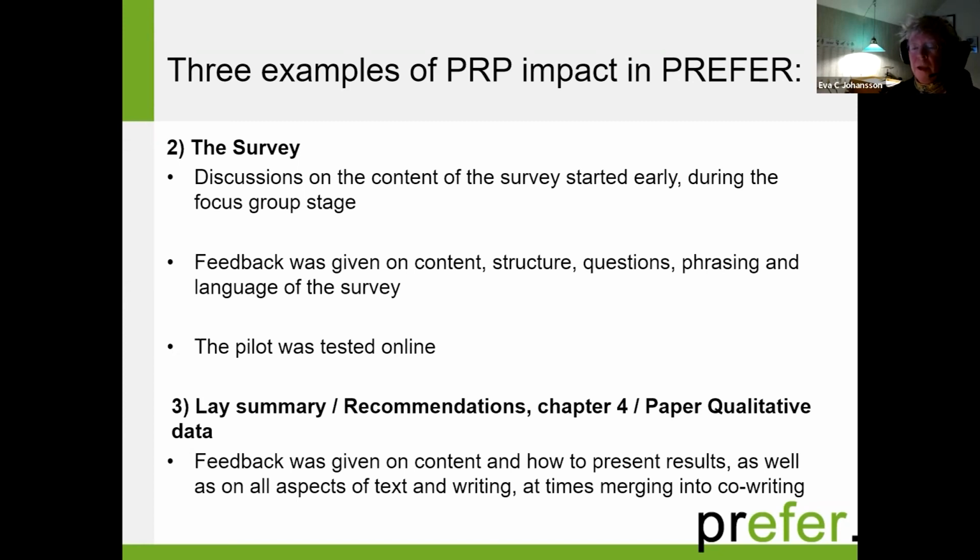And then the last point, number 3, the lay summary, the recommendations, preferred recommendations. We worked on chapter 4 and the paper of qualitative data. The feedback was given on content and how to present results, as well as on all the aspects of text and writing, at times merging into co-writing. Thank you.